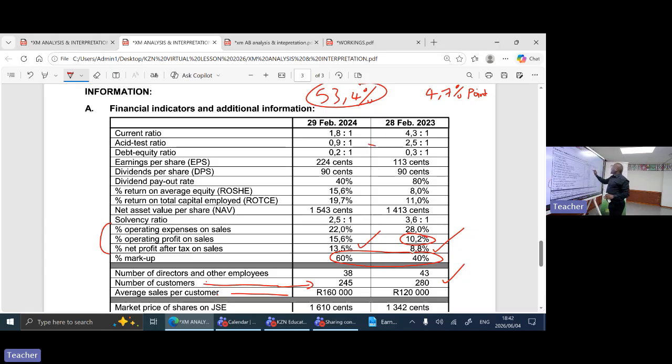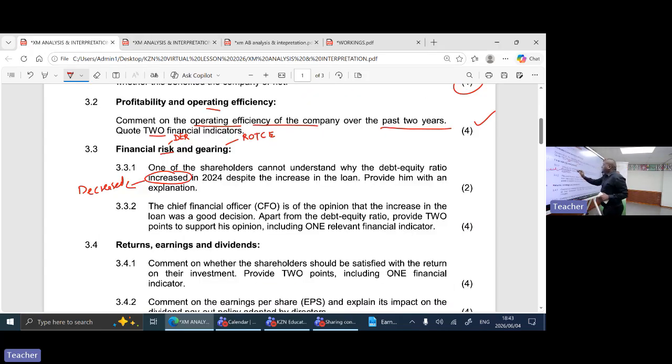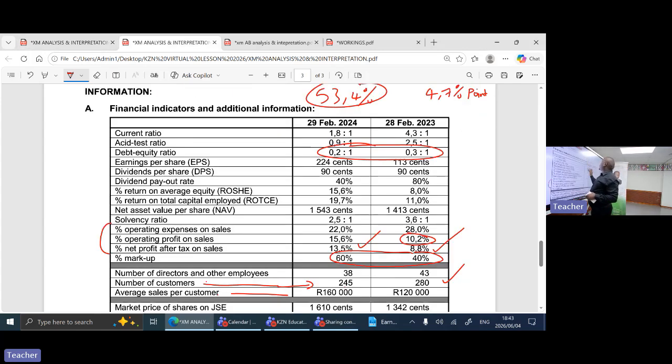Look at the debt equity ratio again. It decreased from 0.3 to 0.2 to 1. But the question says one of the shareholders cannot understand why the debt equity ratio increased in 2024. Look at 2024, it's decreased from 0.3 to 0.2.